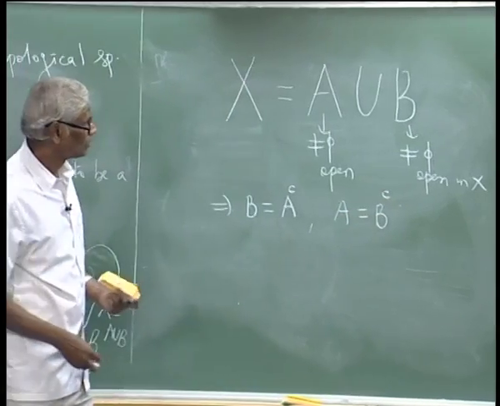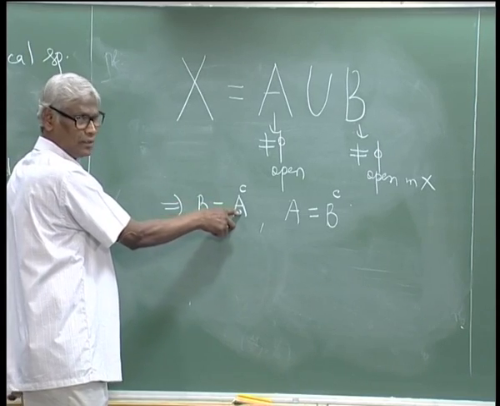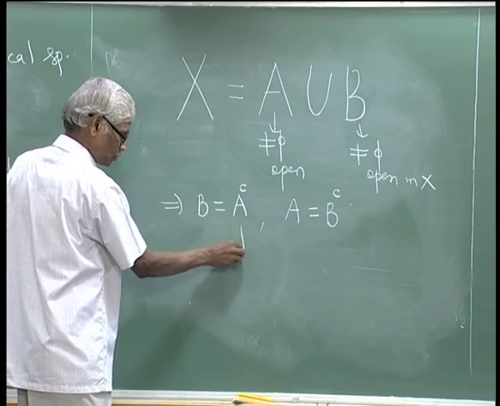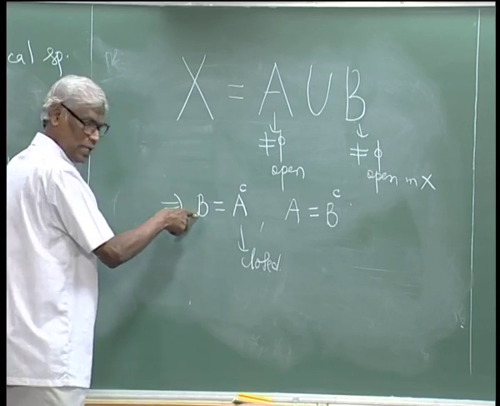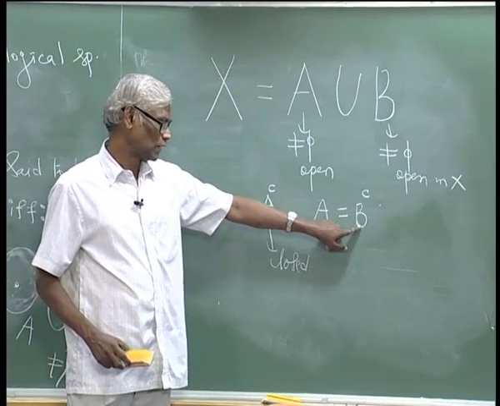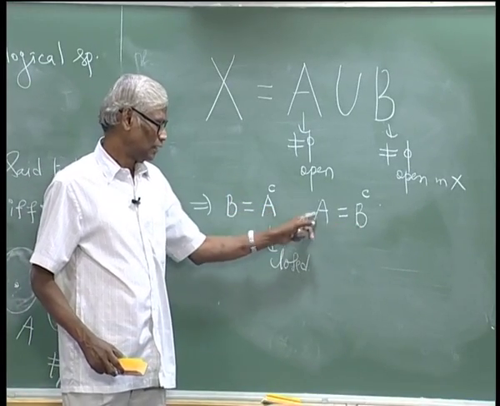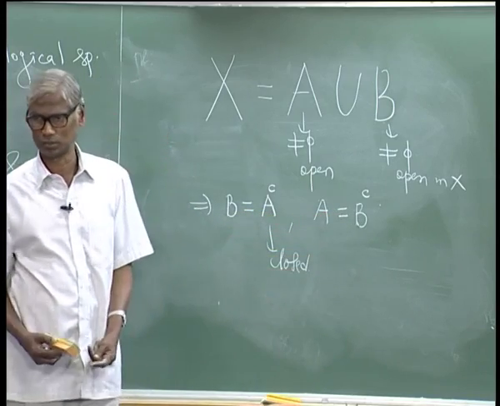So, A open means A complement is closed, so that implies B is closed. Similarly, B open implies A equals B complement, so A is also closed.